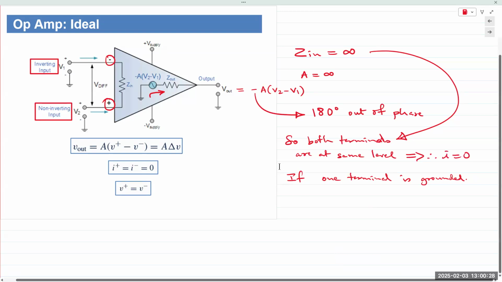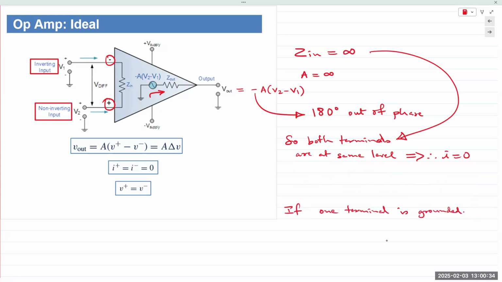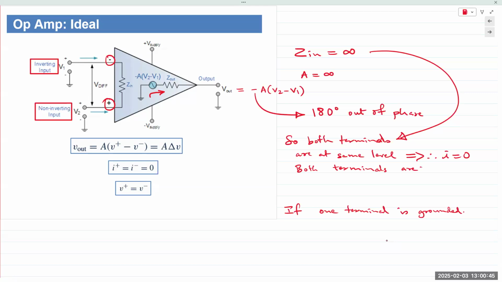And hence we can say both terminals are shorted together. And so we say they are virtually shorted, or a virtual short. So if one terminal is grounded, the other one is grounded too.